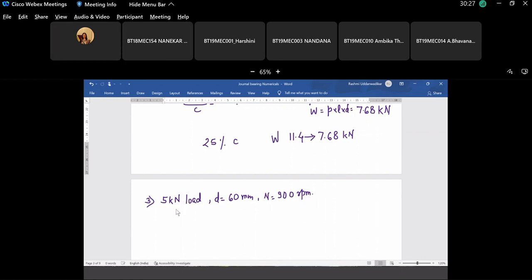I'm repeating, a sliding contact bearing subjected to 5 kilonewton load has a shaft of 60 millimeters diameter running at 900 rpm. The square bearing, what do you mean by square bearing?